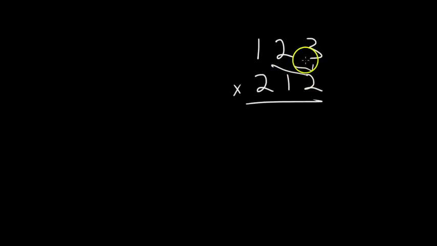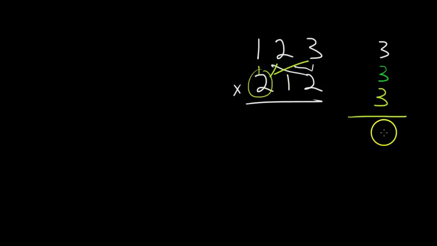We're multiplying 2 times these three numbers, so we multiplied 3 times. Then we take the ones and we multiply the 1 times 3, 2, 1. We multiply that 3 times. And then, of course, we take this final 2 and we multiply it times the 3, the 2, and the 1. And we multiply that 3 times. So we did the process of multiplication of individual digits 9 times.